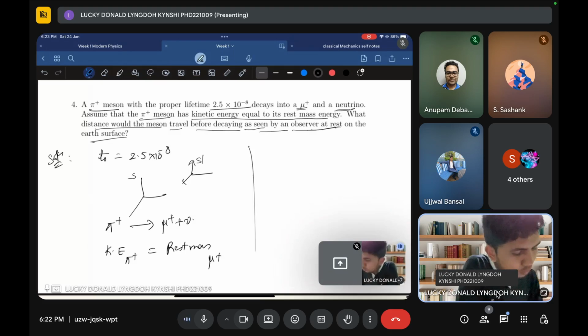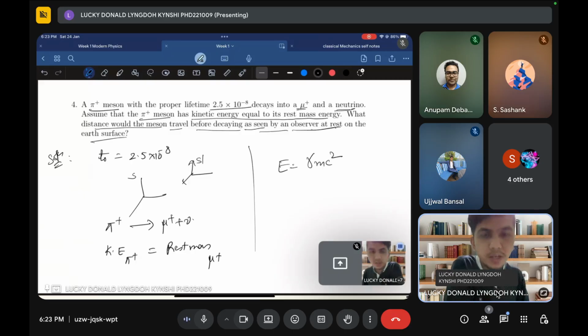Before we solve this, I also give you the formula. The total energy is E equal to gamma mc square. It's not simply E equal to mc square. In relativity you have mc square by root over of 1 minus v square by c square.